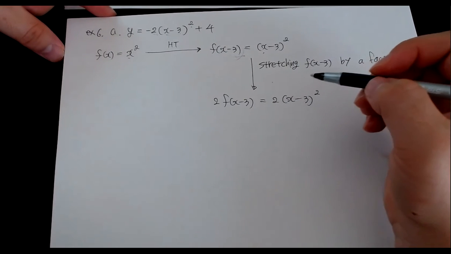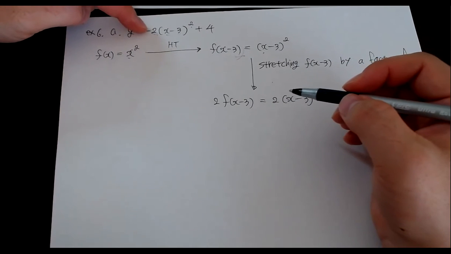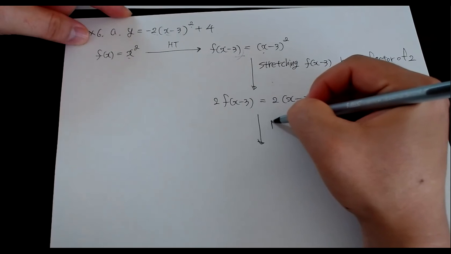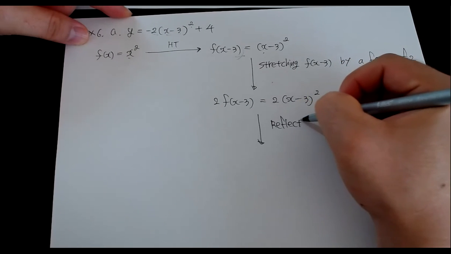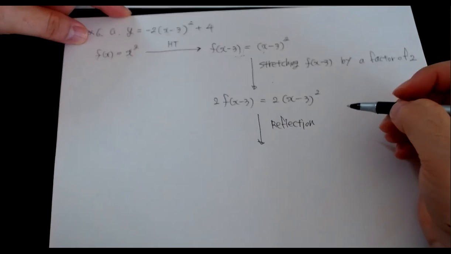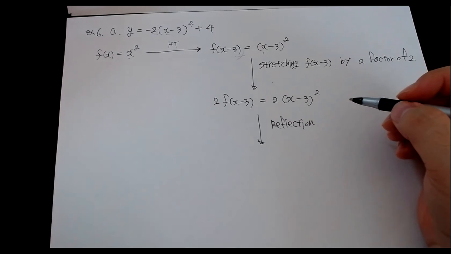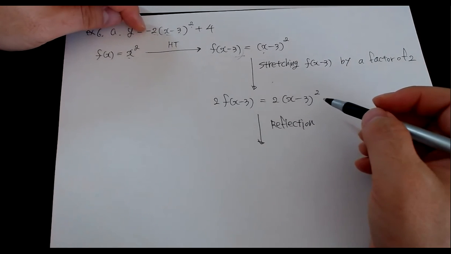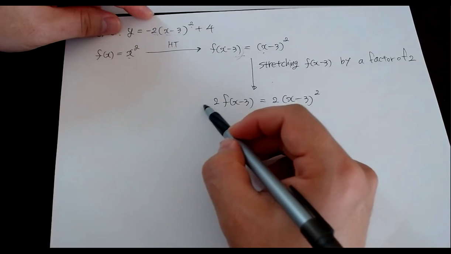So now we see the negative 2. That's the reflection, right? So we apply the reflection. To get negative 2 times x minus 3 squared, we need to put the negative sign outside the function.